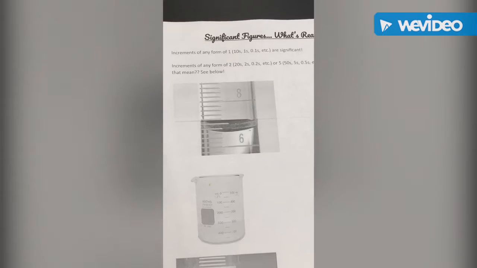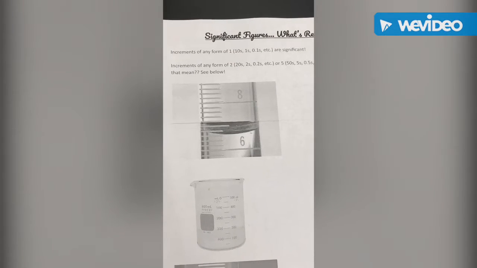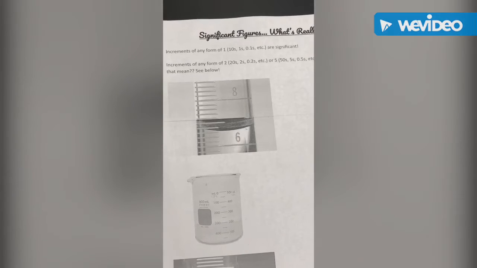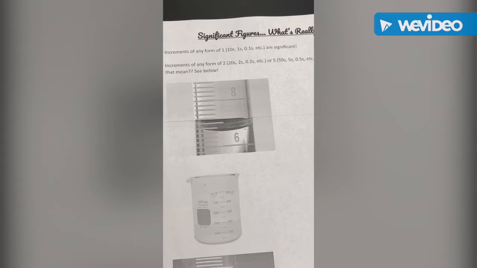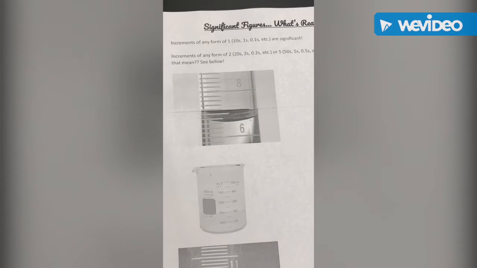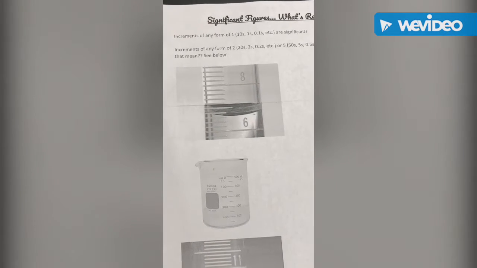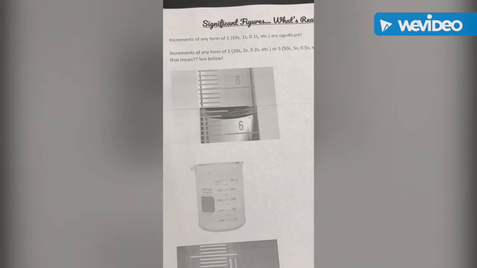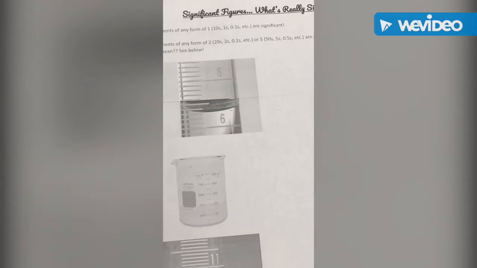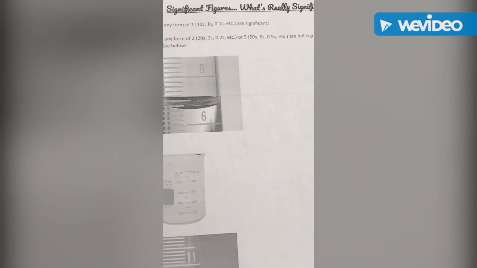The first thing is I want you to realize that increments of any form of one, so tens, ones, point ones, 0.01s, etc., are always significant. And then the tricky ones are increments of any form of two, so 20s, twos, 0.2s, etc., or fives, 50s, fives, 0.5s, etc., are not significant.